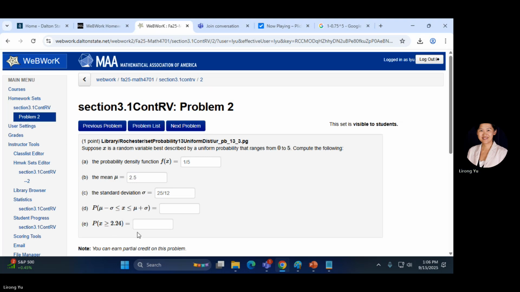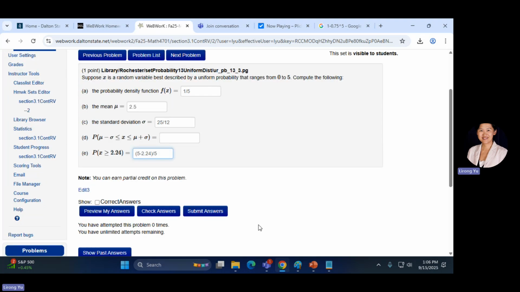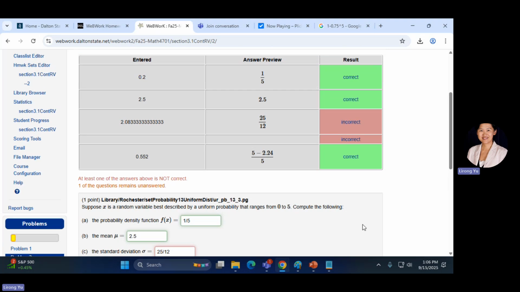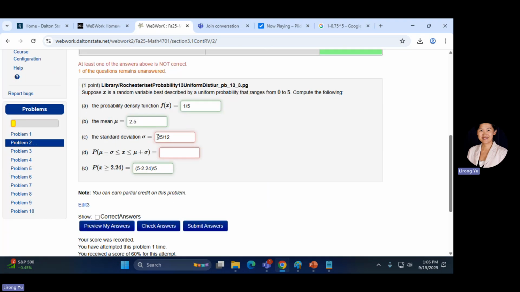This one was okay, right? Probability of x being bigger than 2.5. The denominator is 5, and the numerator is 5 minus the lower bound of 2.5. The uniform distribution probability can be calculated by the distance between the initial point and terminal point. The standard deviation is the square root of the variance.